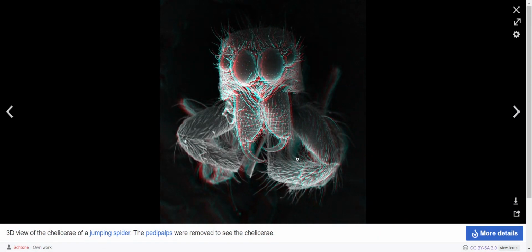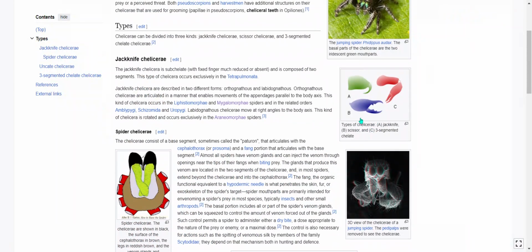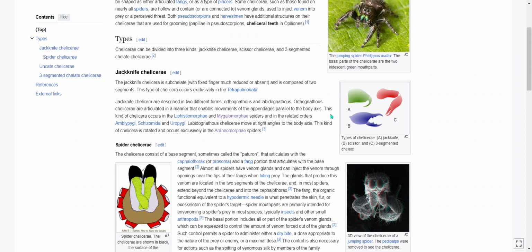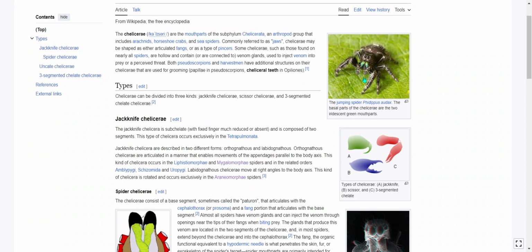They run inward, or maybe, I don't know. Labidognathous are the ones that are perpendicular to the body. Orthognathous are parallel, which is weird because the root there, ortho, like orthogonal, is perpendicular, right? That is weird. Why would it be like that?